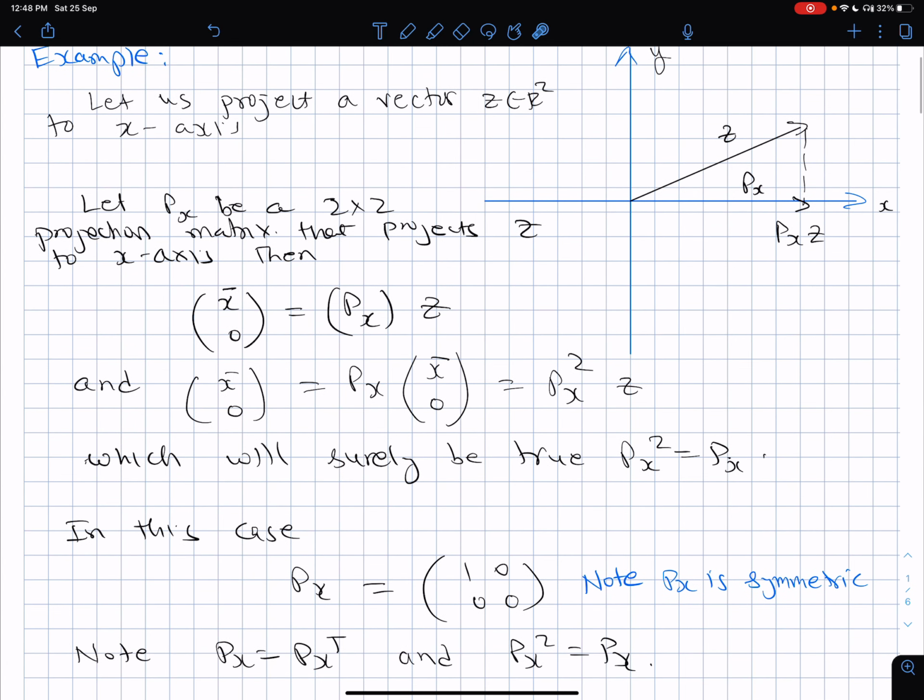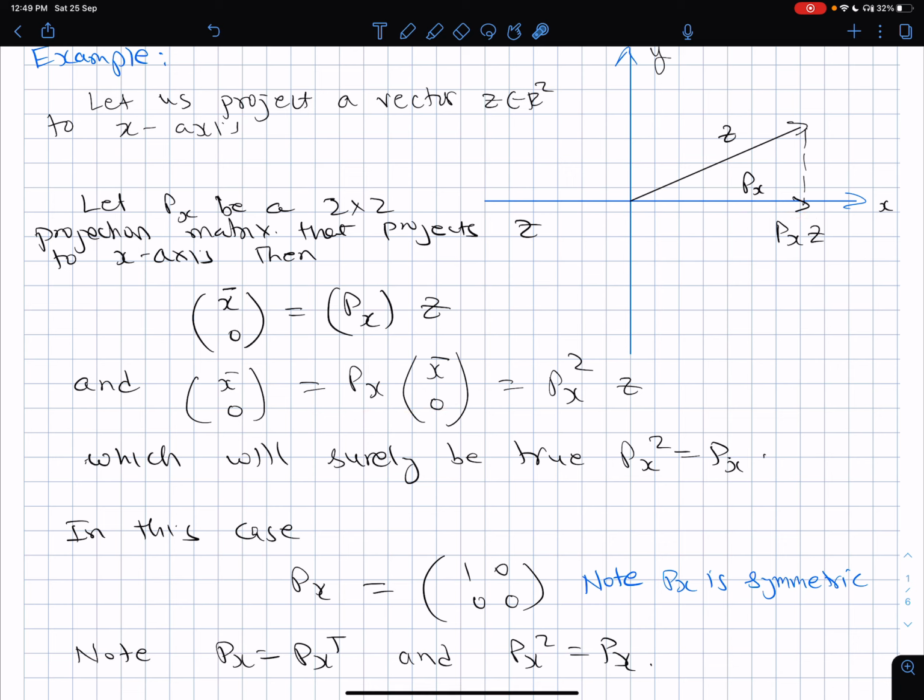And one more thing that I want to emphasize is, after you have projected it onto the x-axis, if you again use the same matrix which does the projection onto the x-axis, then will this projection undergo change? It will not undergo change, it will remain the same.